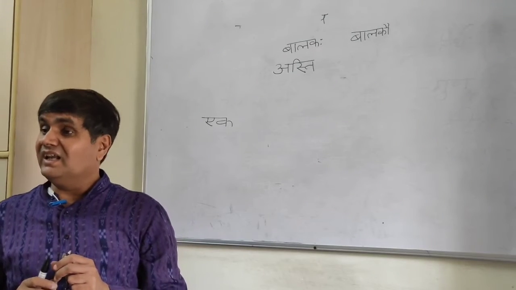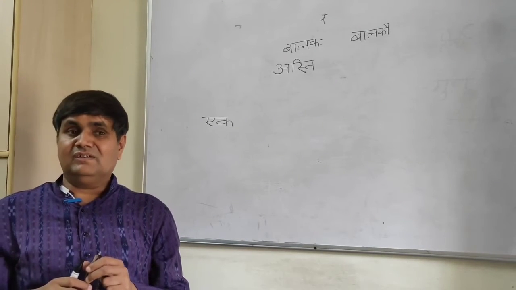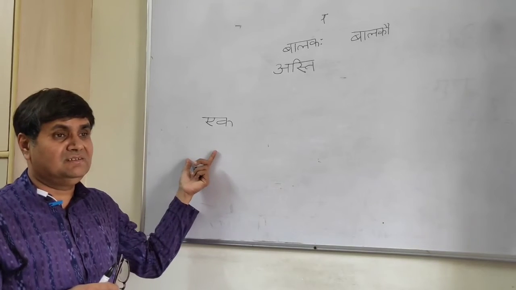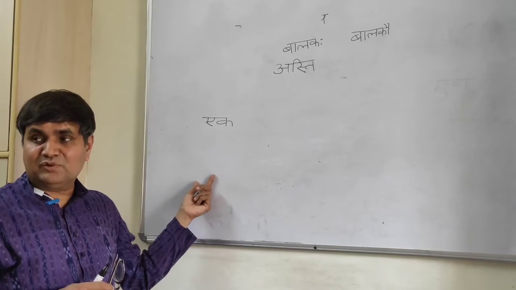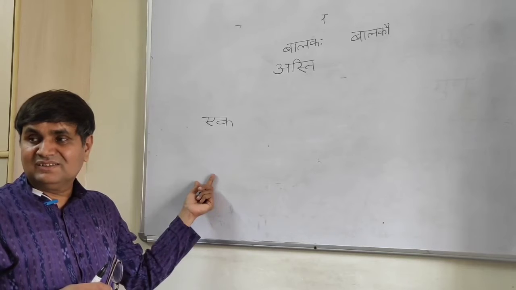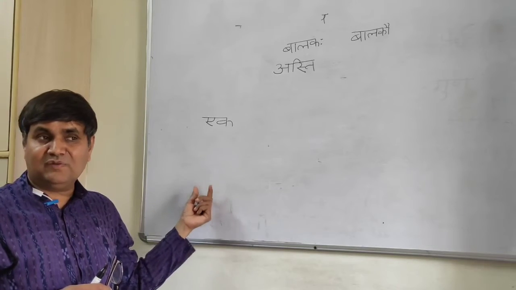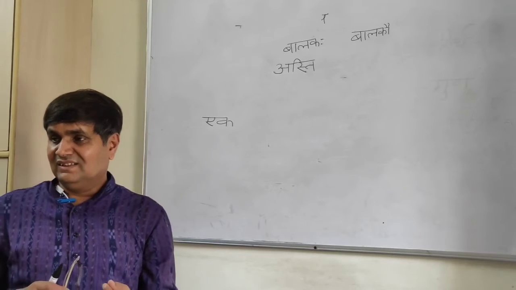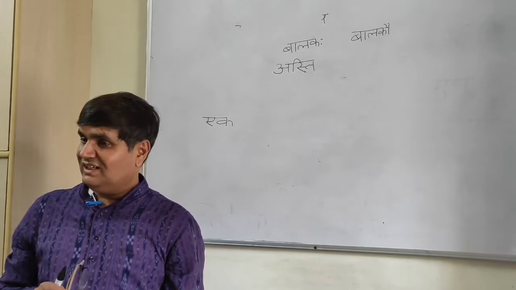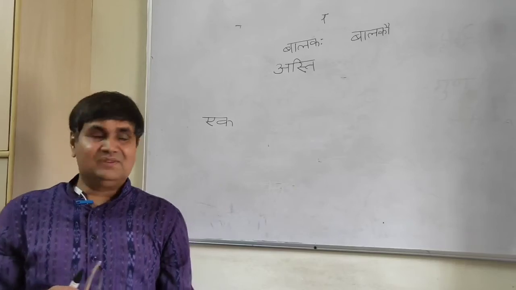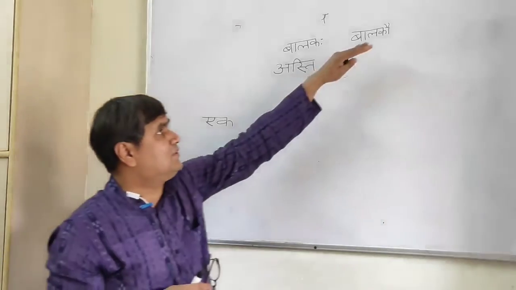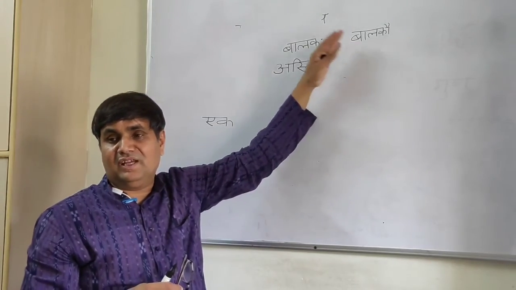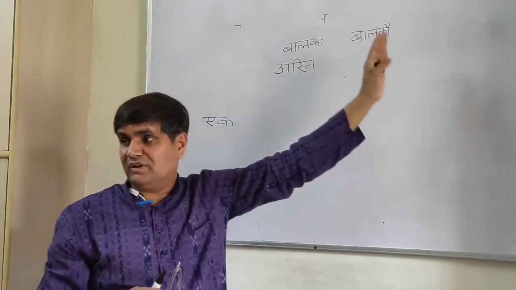So anek, anek. When it is not one, it is supposed to be anek. So apart from one, everything is anek. If one is ek, other than one is always anek. So they do not have dual number. They have only singular number and plural number.